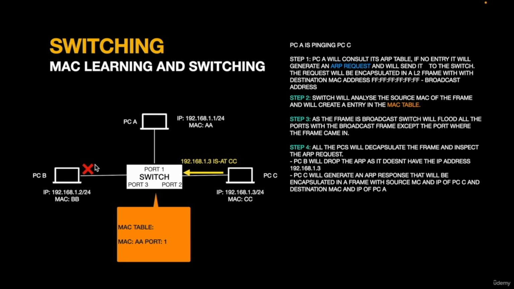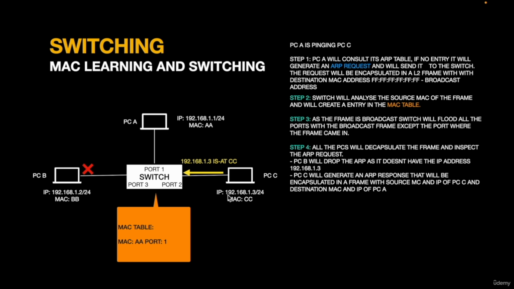PC B will drop the ARP request because it doesn't have the IP address of 192.168.1.3, but PC C will recognize its IP and will send an ARP reply stating that 192.168.1.3 is at CC.